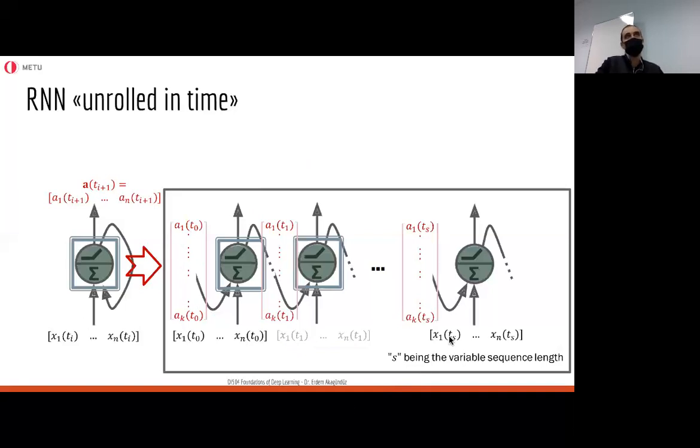Instead, since this is not S, guys, let me just correct it. This is not a typo. S plus 1. I'm feeding an S plus 1 length sequence of vectors. I've cloned this network, exactly the same supernode, here and here and here and here.